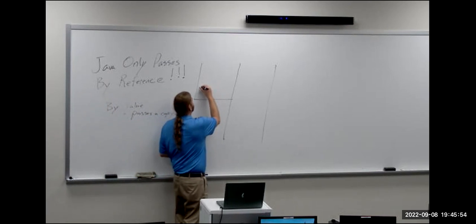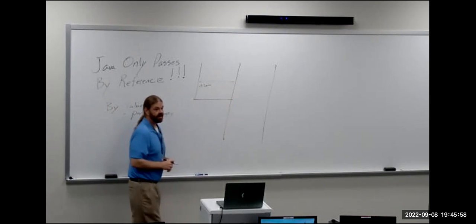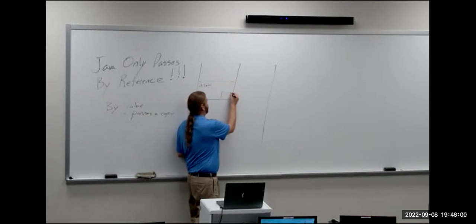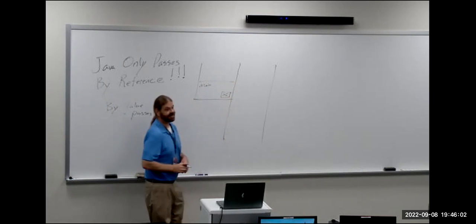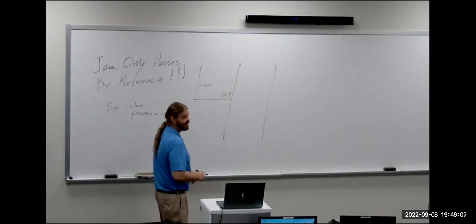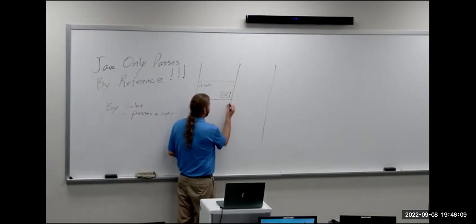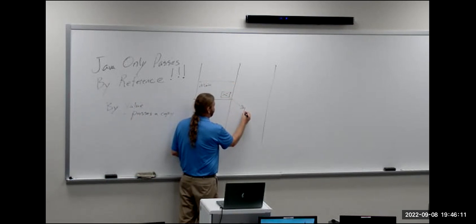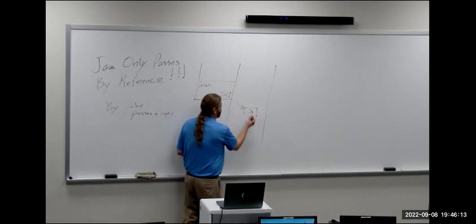We have maybe our main method, and in that we have a variable. I'm just going to call the variable X, abbreviating it here since typing's a lot easier than writing, and that's going to point at some value over in RAM, maybe a 3.